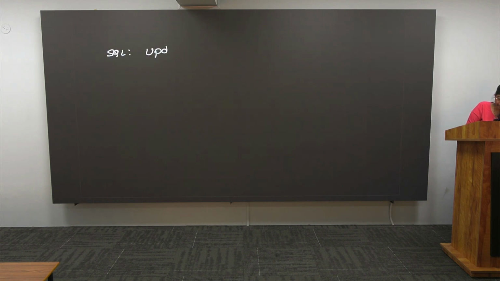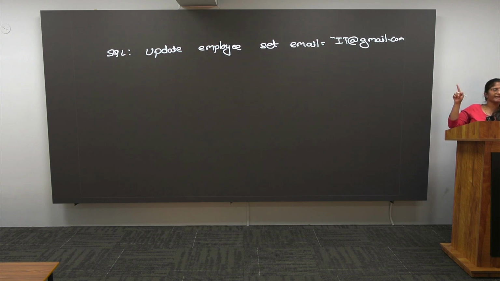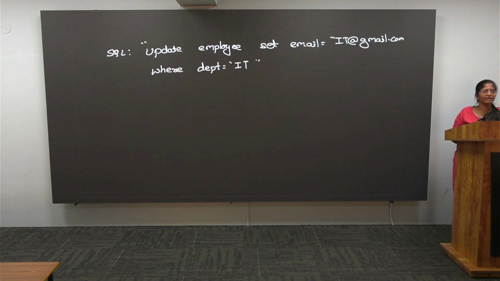Update employee, set email ID, and as of now I will just say it as it@gmail.com, because if I add one column again I need to change this in the classes and everything, that is why I am doing this. Then where department equal to IT. This is your SQL query.